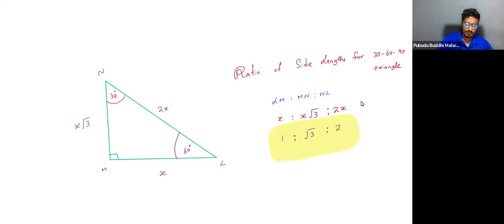For example, let's suppose for 30, 60, 90 degree triangle, this length equals 5 centimeters. You can easily compute LN. That's 2 times 5, because that's the ratio. Yeah? 1 to 2. To get MN, just need to multiply 5 by root 3. 5 root 3.